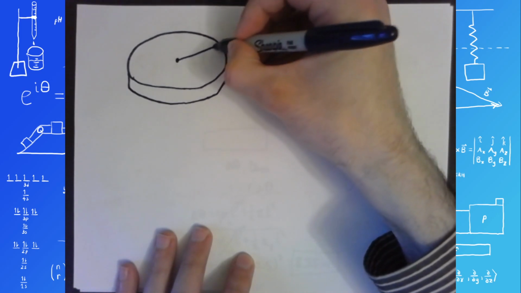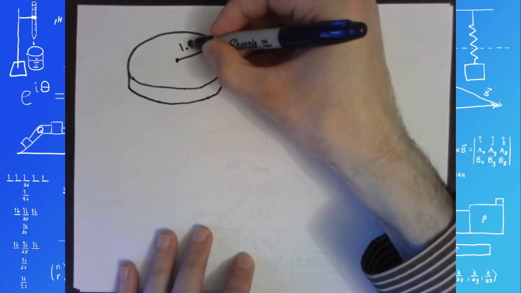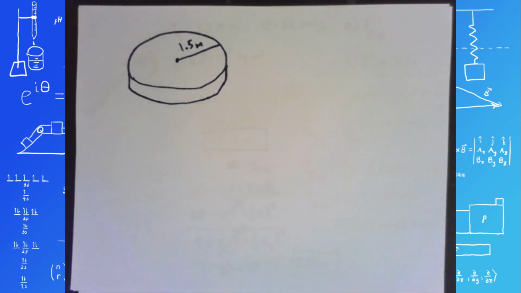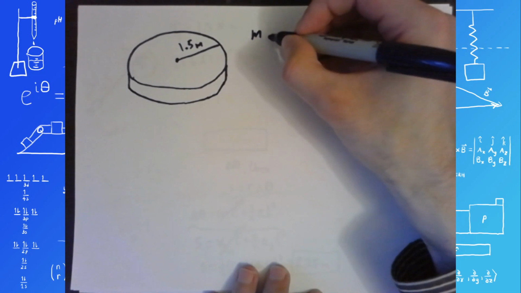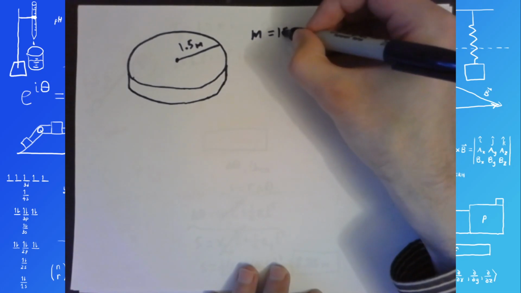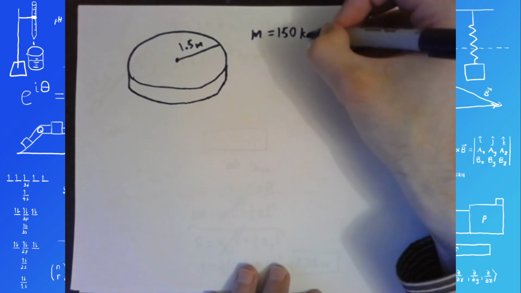Okay, and it has a radius of 1.5 meters, and it weighs 150 kilograms. Mass is 150 kilograms.